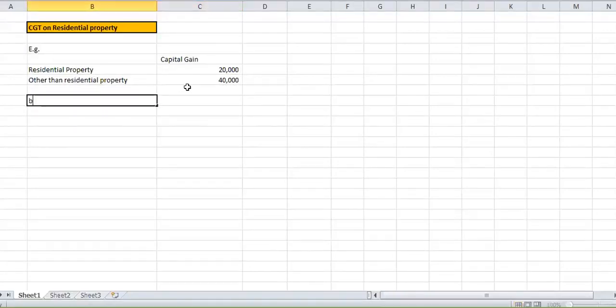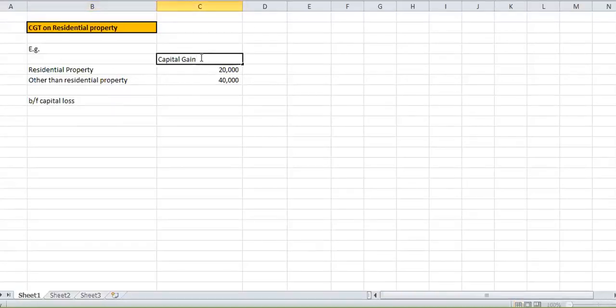Apart from these gains, we have brought forward capital loss of say £15,000. So this is a small example.